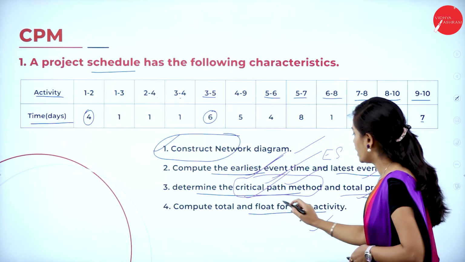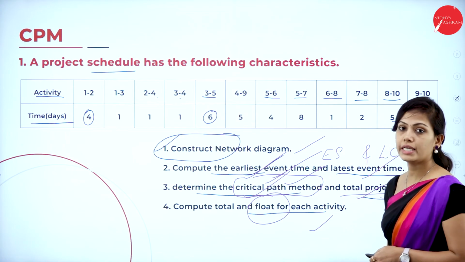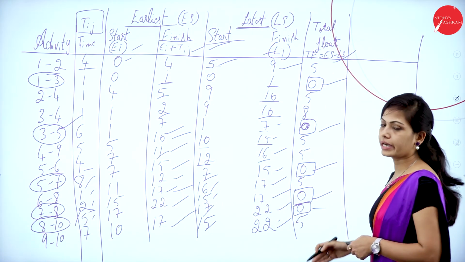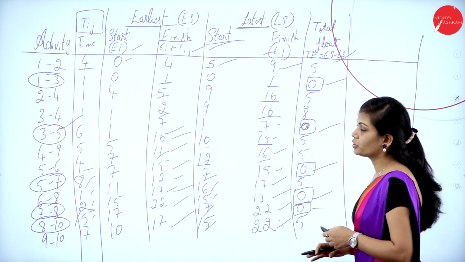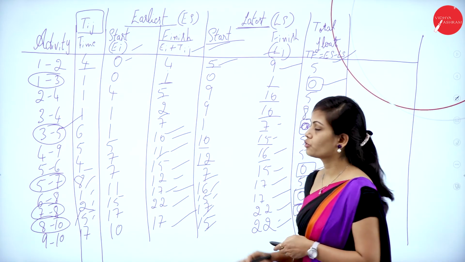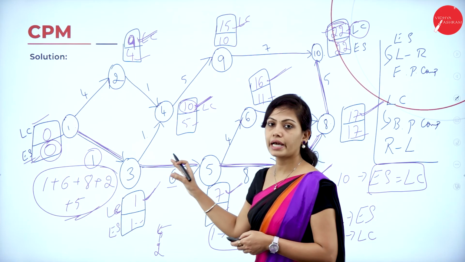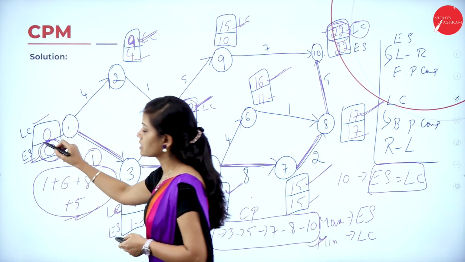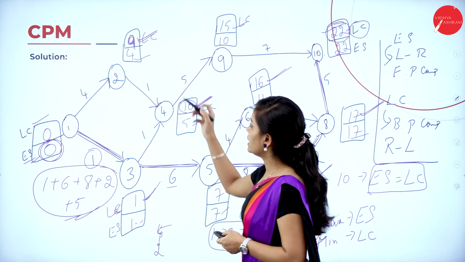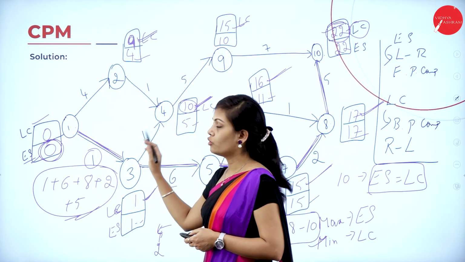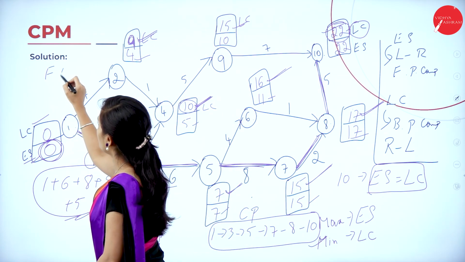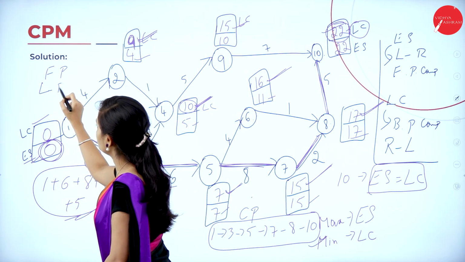And also I found this float for each activity. So this is a float for each activity. So this is about your CPM problem. So first you have to draw a network diagram with arrow and you have to find the earliest starting time and latest completion time. For finding the earliest starting time, you have to use the forward pass computation from left to right.